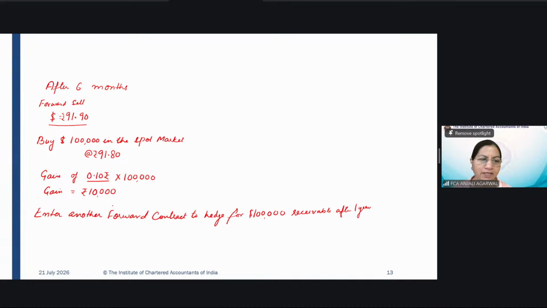But the contract is again available for 6 months. So you enter into a 6 month forward contract, which will expire 1 year from the start date. And again, you sell your dollars.